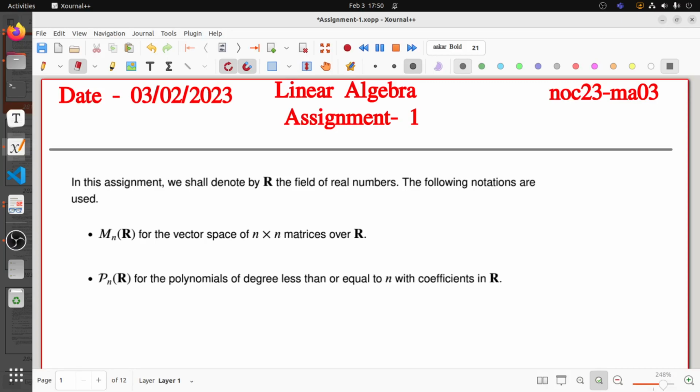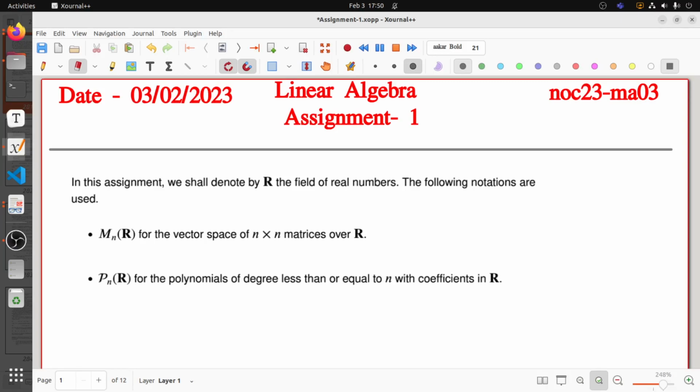Suppose T is this, again the same example, (x, 0) where x belongs to R. Then we have shown that the span of T is (y, 0), where y belongs to R, right? So this is again not R2. So option number 3 is again false. This is not always true, right?